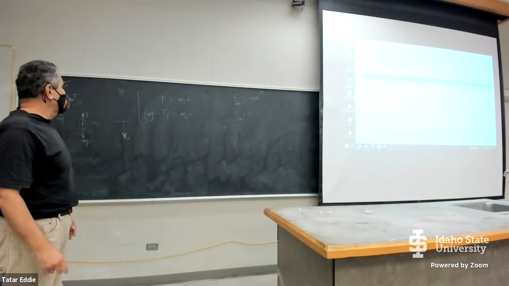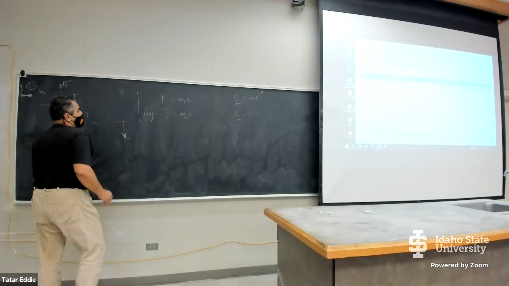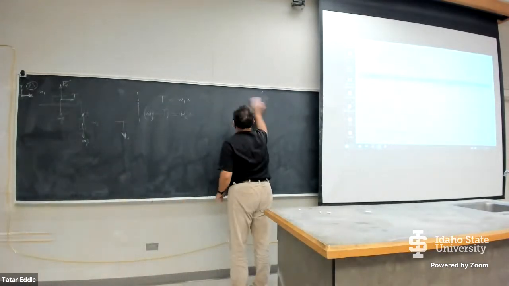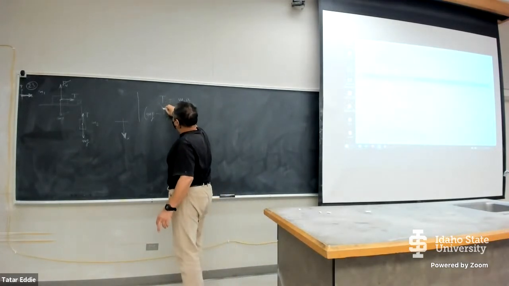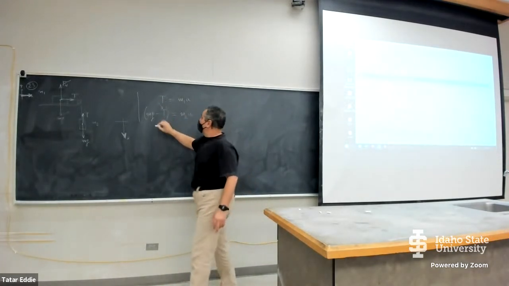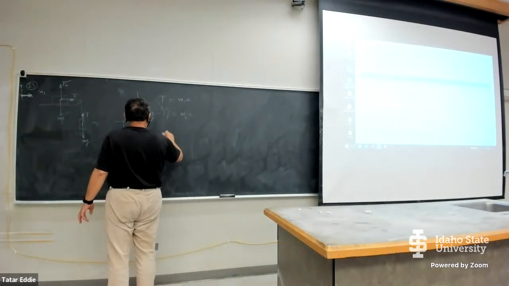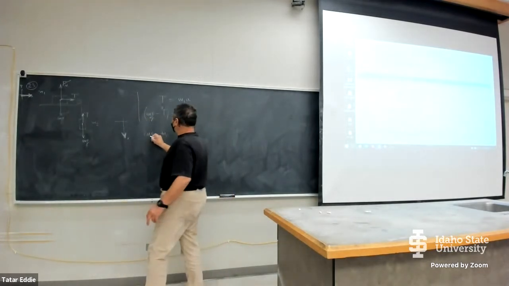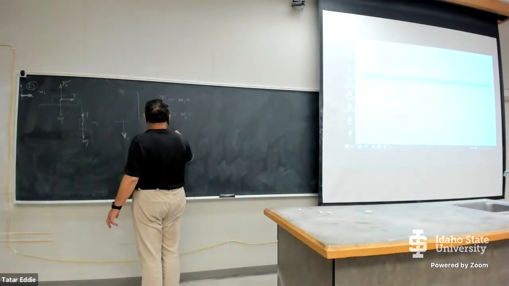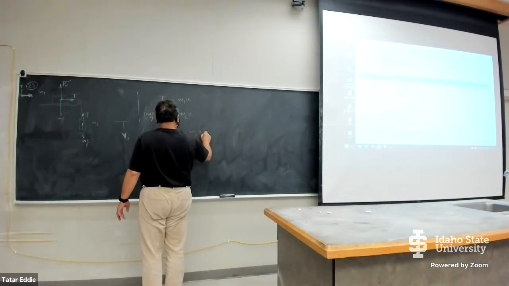Now I have two equations with two unknowns, and I can find the acceleration and the tension force. So you can solve the system of two equations any way you want. Probably you can substitute T from the first equation in the second equation, and you're going to get something like this: m2g minus m1a is equal to m2a.